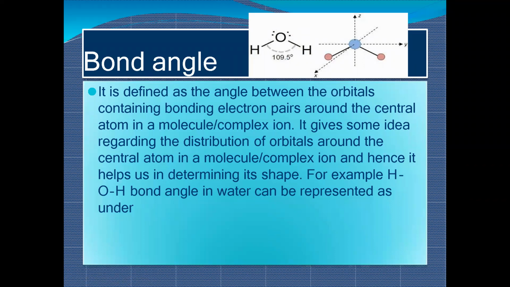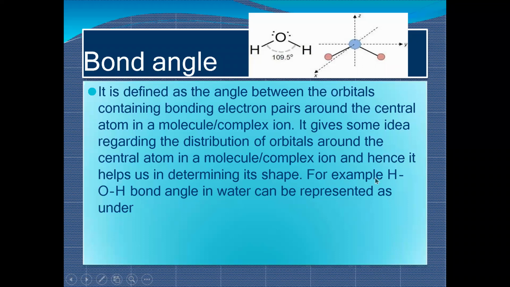Okay, shapes we will learn when we go down the chapter, how you will predict the shape of a molecule. If you want to know the shape, then you have to consider only bond pair electrons. In shapes we don't consider lone pair electrons, we consider only the bond pair electrons. They predict the shape. So for example, this H-O-H, meaning H2O, the bond angle in water can be represented like this.